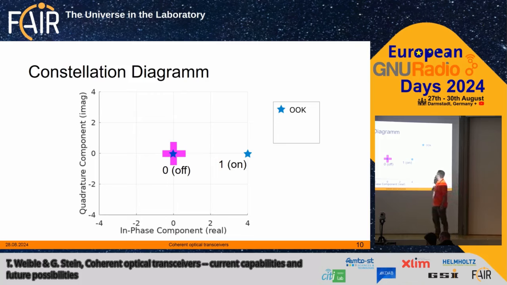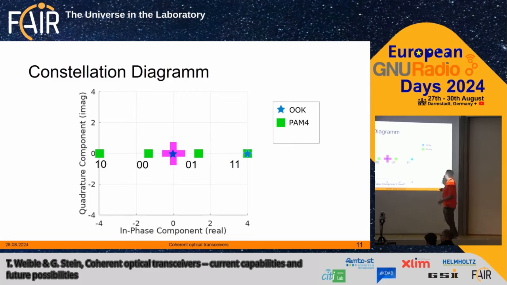So OOK is the most simple constellation. What I'm showing here is an imaginary component. It is also called quadrature component. Then we have the in-phase component, which really is the real axis. And yeah, this is basically the center. So on off is another description of what I showed of a non-coherent transceiver.